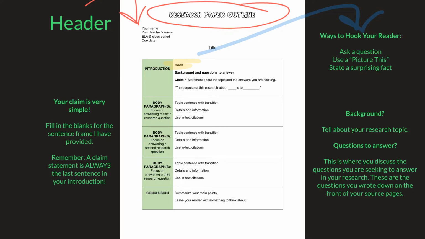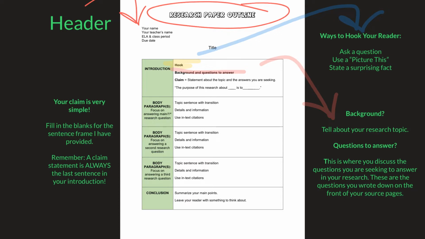So the next thing then that we're going to work on would be the background and the questions that we're going to answer. So the background is just simply telling us about your topic. That's it. What is your research topic? What's it going to be about? The questions you should already have taken care of. If you recall, the source sheets that we were putting together, you had a top sheet and then you had 3 source sheets for each of your sources.